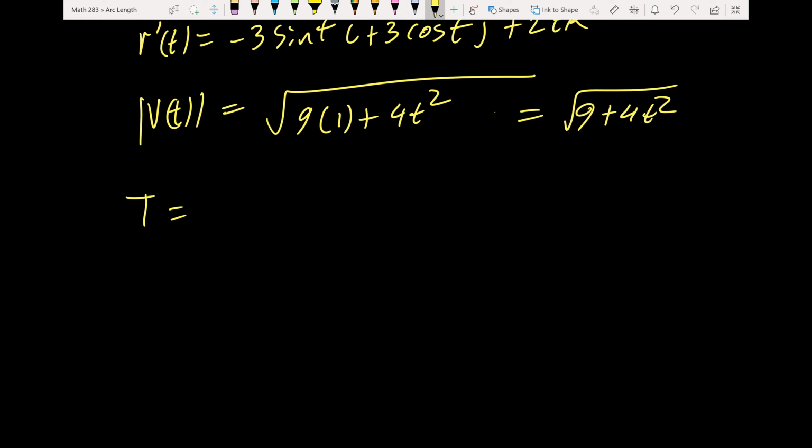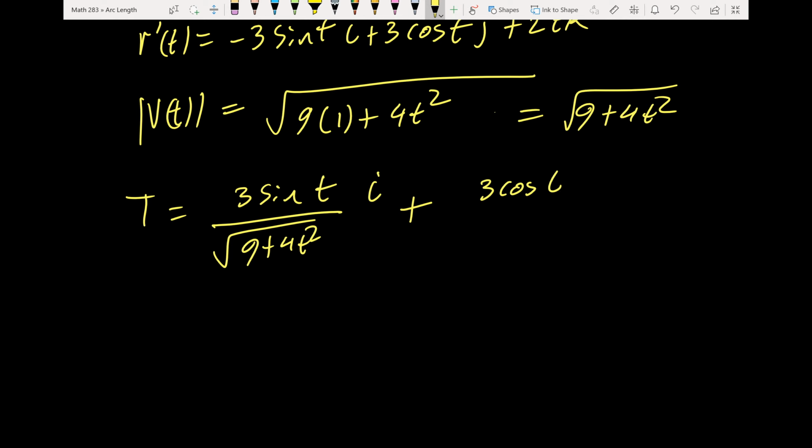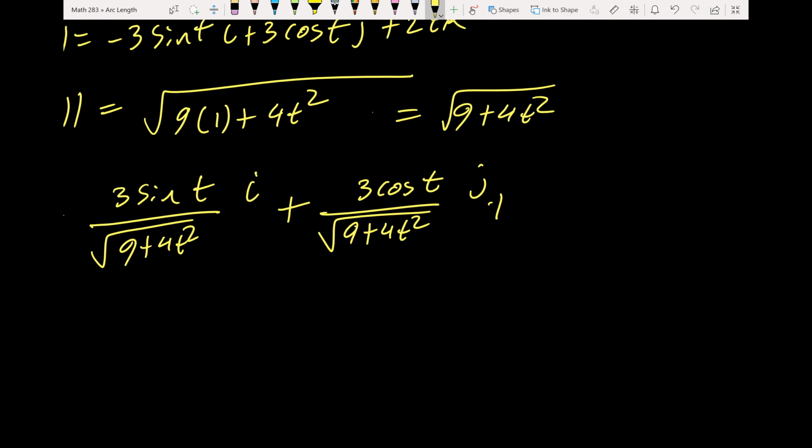So what's T in this case? Super easy. 3 sine of t i over, plus 3 cosine of t j over, plus 2t k.